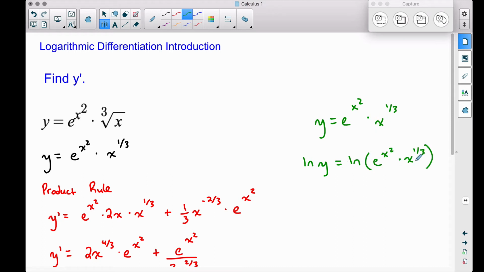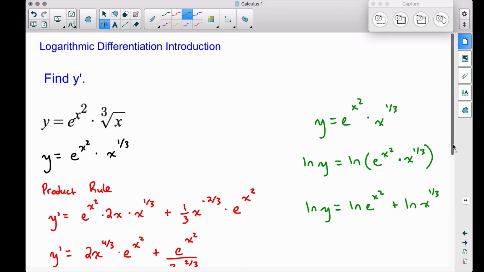What we want to do with this is break it up using properties of logarithms. Since we are multiplying these two pieces together, we can break this natural log up into two pieces using addition. So it looks a little something like this: natural log of y is equal to natural log of e to the x squared plus natural log of x to the 1/3.